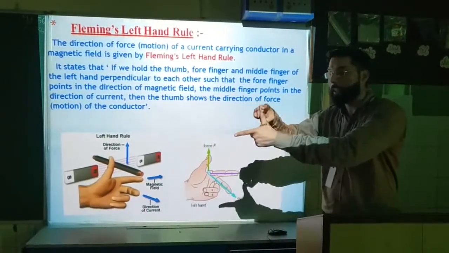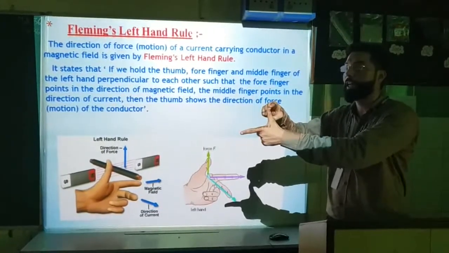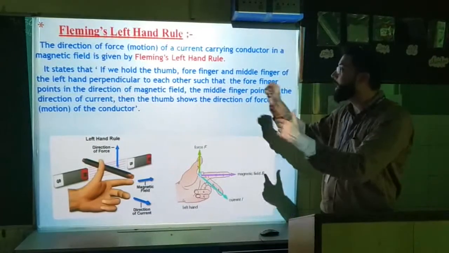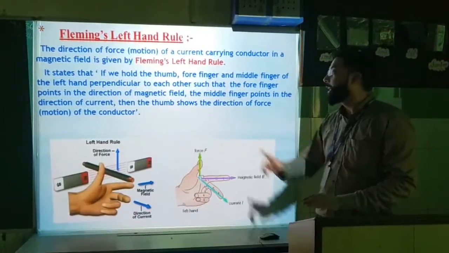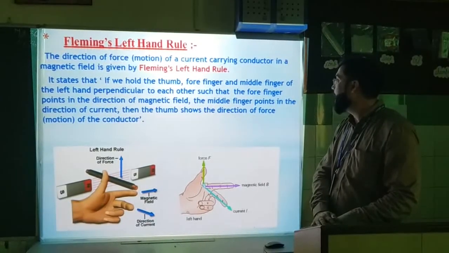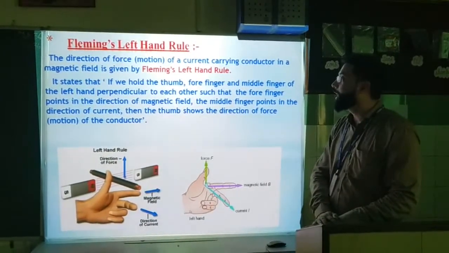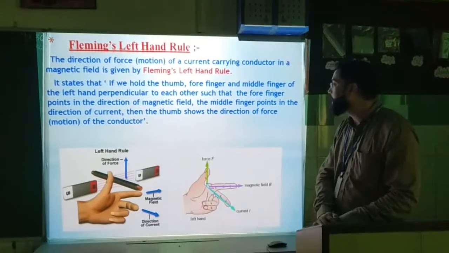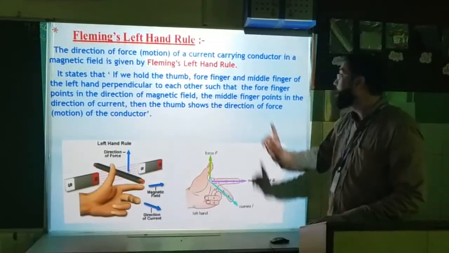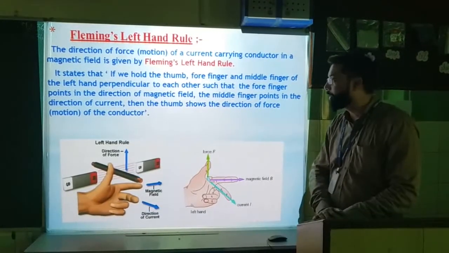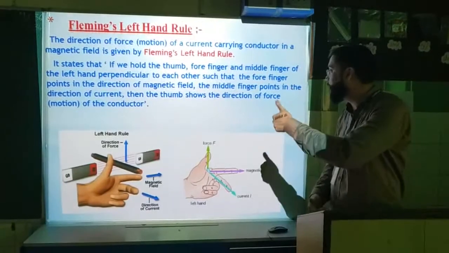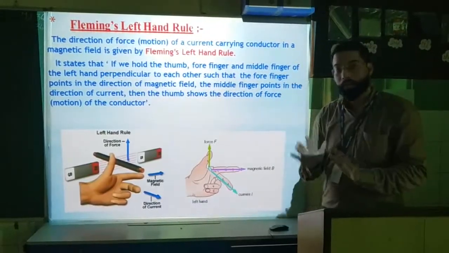This thumb shows in which direction this aluminum wire will move. That is known as Fleming's left hand rule. It states that if we hold the thumb, forefinger and middle finger of the left hand perpendicular to each other such that the forefinger points in the direction of magnetic field and the middle finger points in the direction of current, then the thumb shows the direction of motion or force on the conductor.